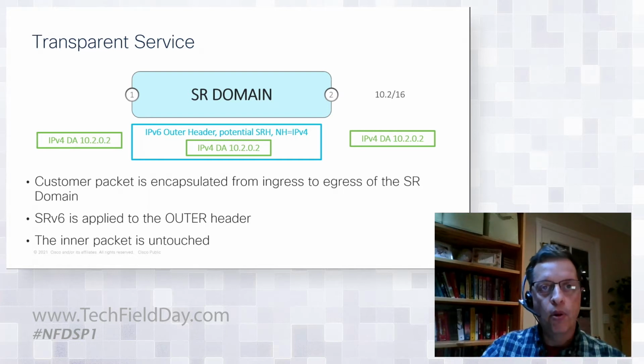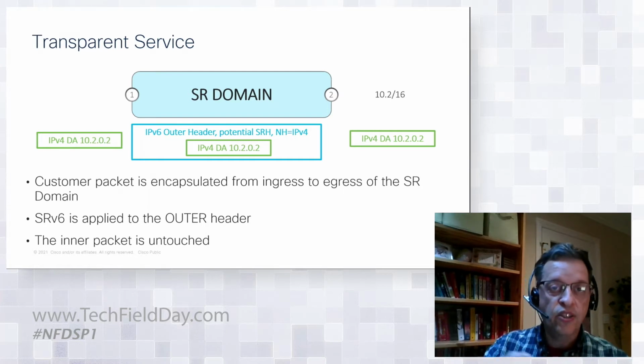We begin with a very simple depiction, but it's actually very important. If you consider you have a segment routing domain between routers 1 and 2, what we're going to be doing is receiving traffic from the access, let's say from the left of router number 1, and we're going to encapsulate that inner payload, which happens to be IPv4, it could be IPv6 or even Ethernet, onto an outer IPv6 header.